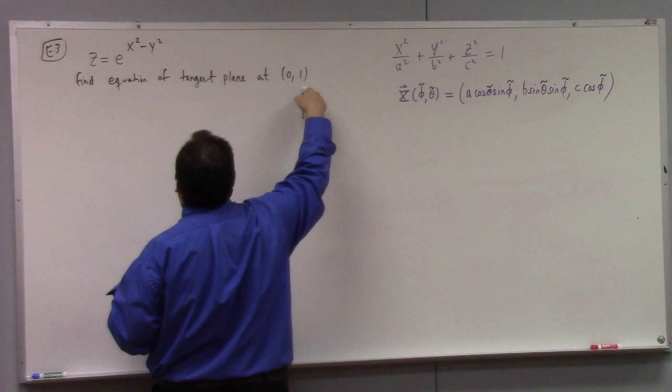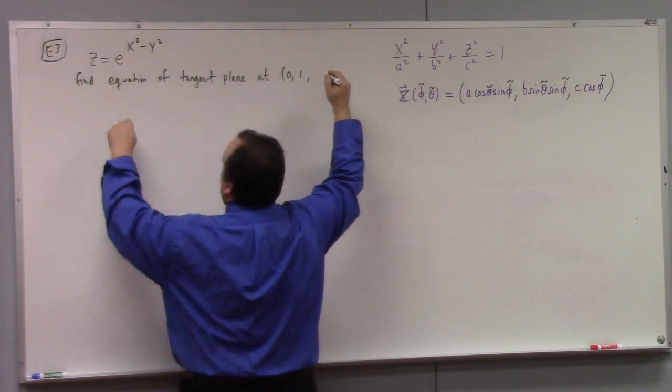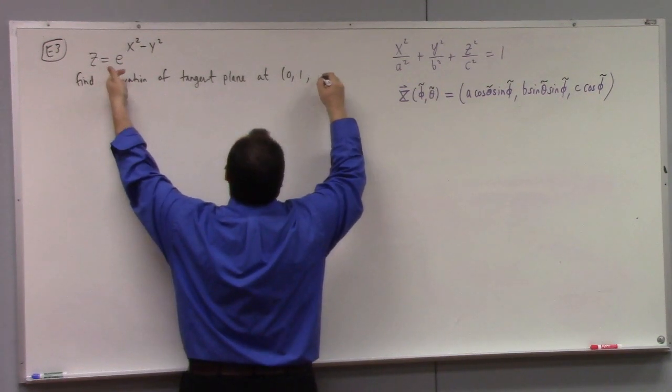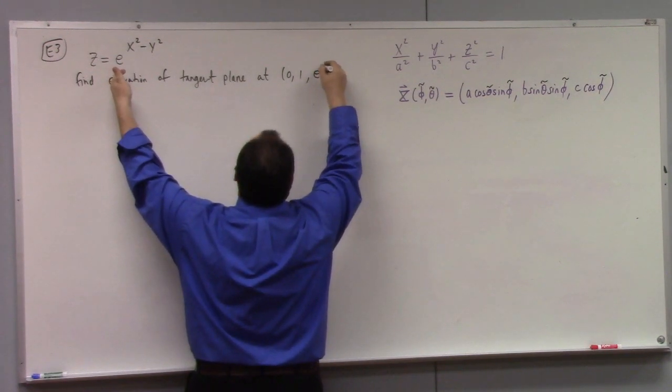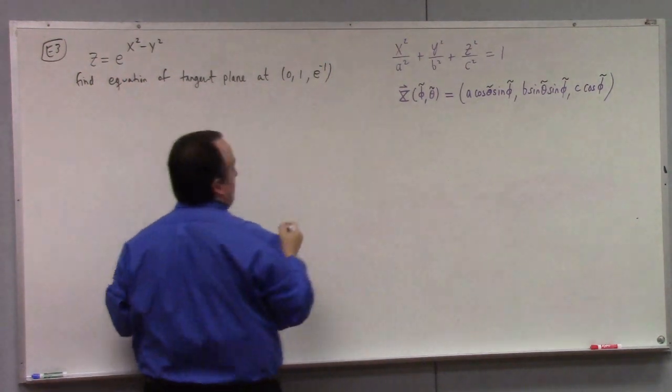Now, if I say that, I should probably tell you the z component. If I put in 0, 1, I get e to the what? Almost. It'd be minus 1, right? Because y is equal to 1 there.